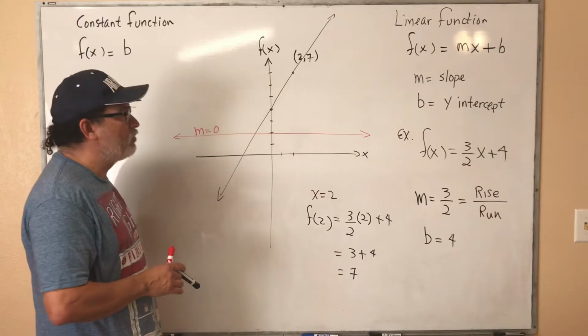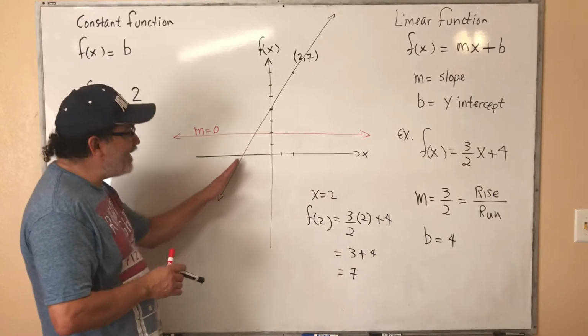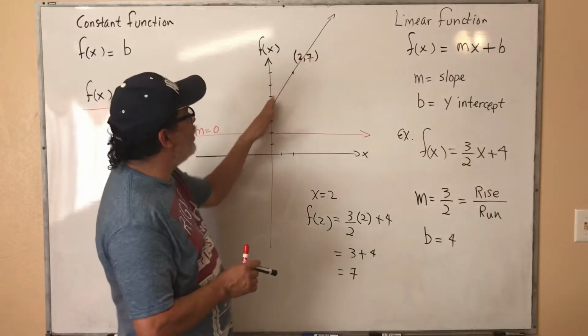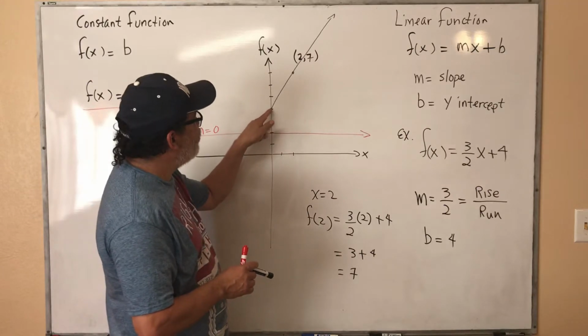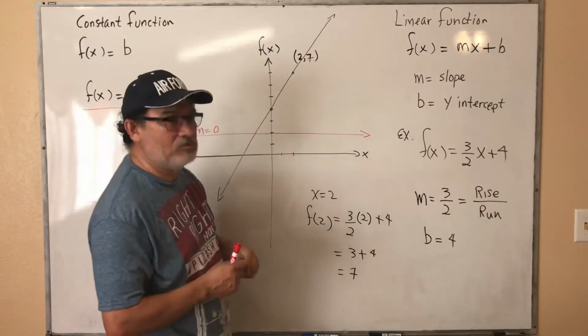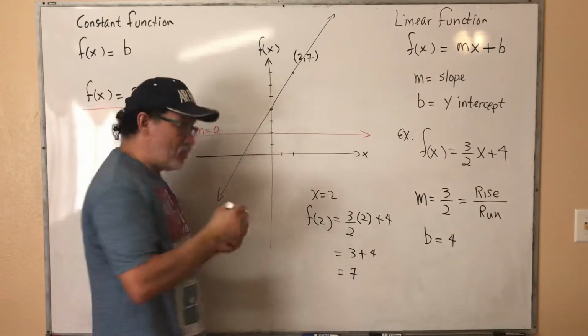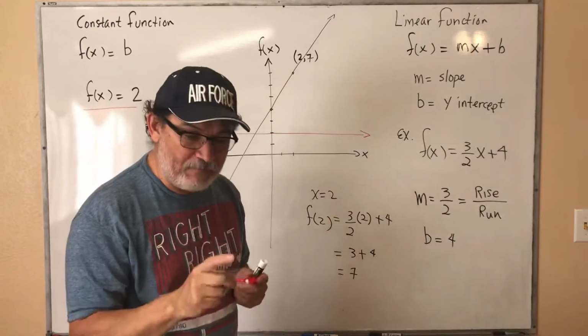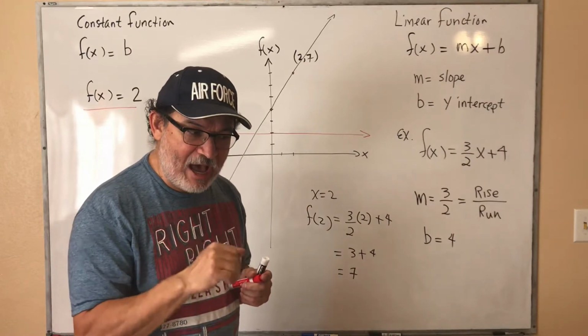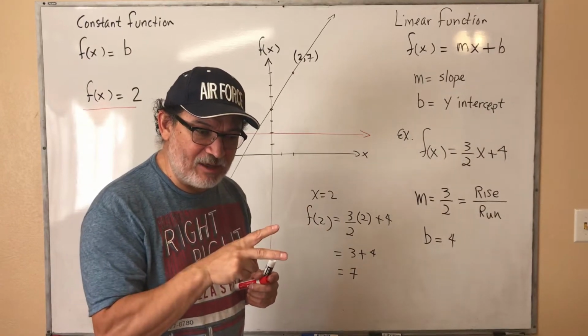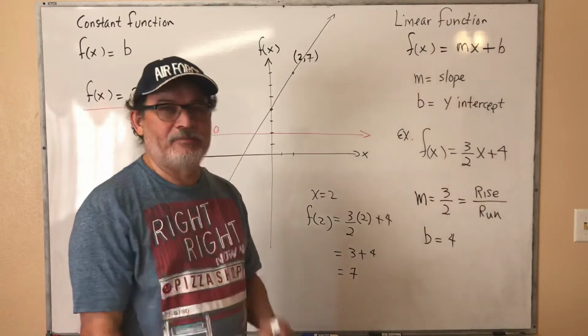Okay? So therefore, this function, look right here, this one has a slope of rise 3, run 2. That's the slope. By the way, you can always find the slope if you have 2 points on the line.